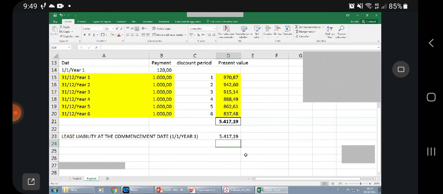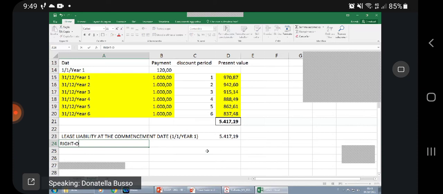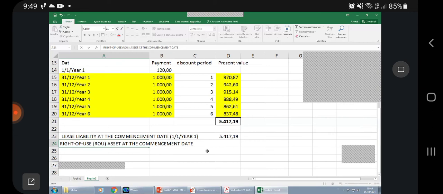How much is the amount of the right of use asset at the commencement date? Right of use asset, always at the commencement date. How much is it? It is the lease liability plus the initial payment.